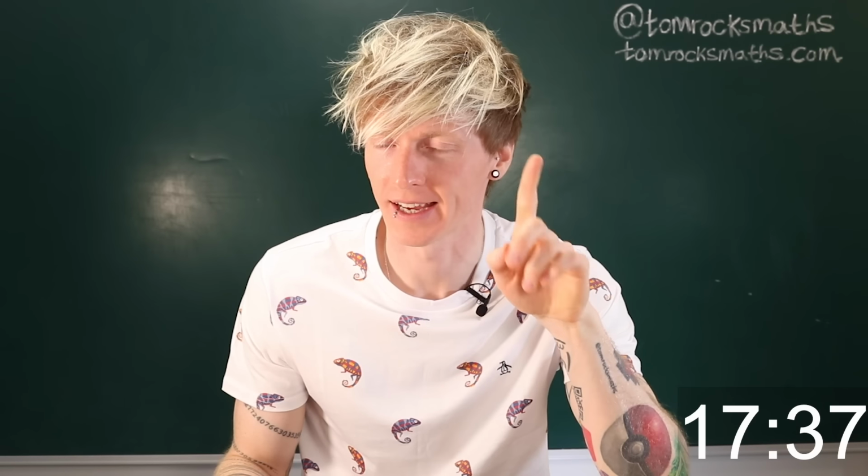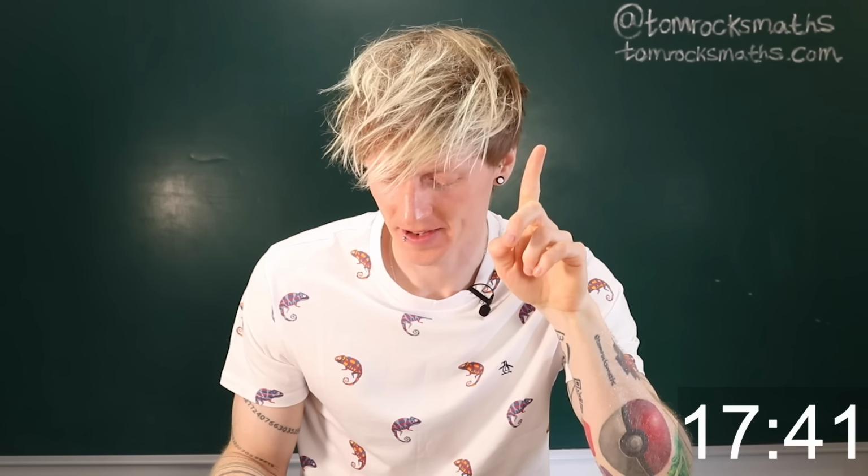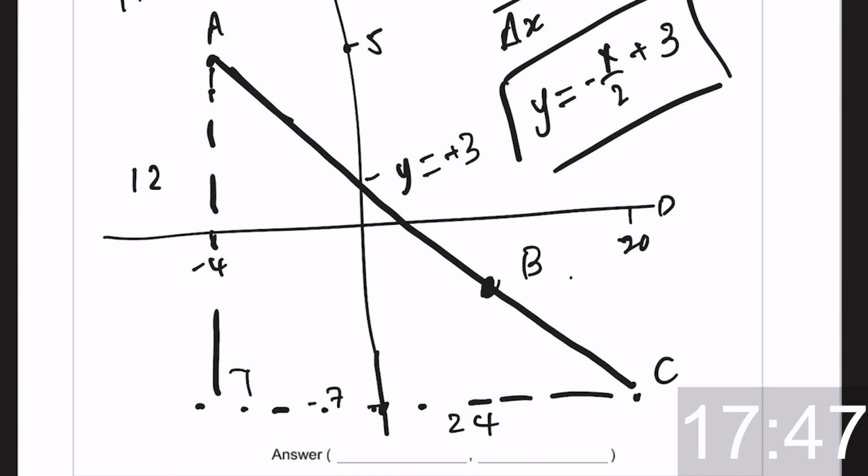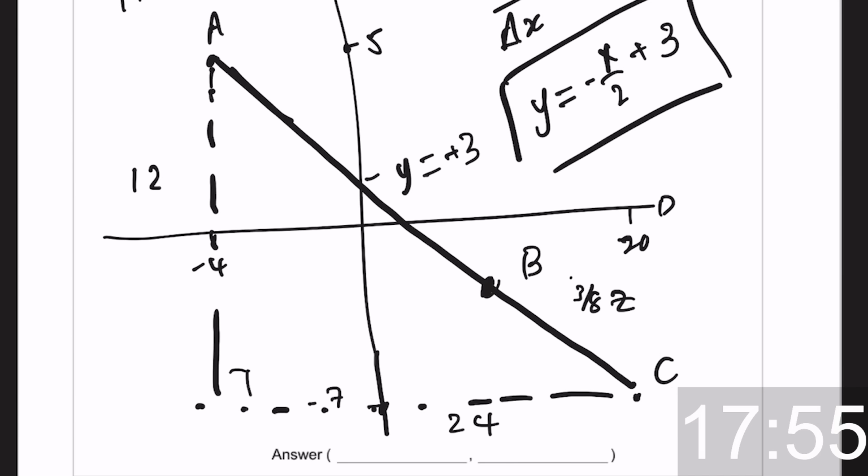Got it, I think. I don't actually need to know the length, I don't believe. If we call the length of the diagonal z, then b is 3/8 of z. So if I do a similar triangle, I think that will be 3/8 along here and 3/8 along here.